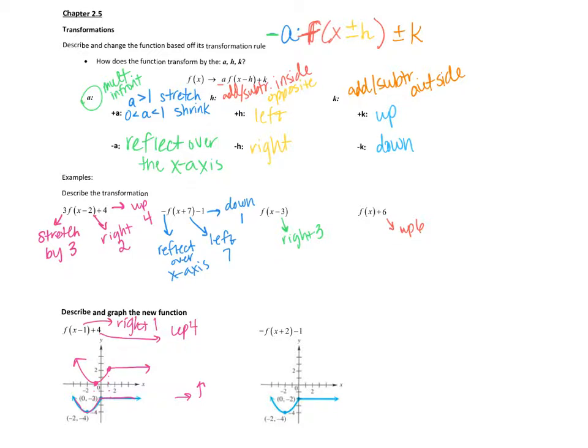Let's see, we're going to reflect this graph, and then we're going to move to the left 2, and then we're going to move down 1. So we're going to take this and reflect it over the x-axis.